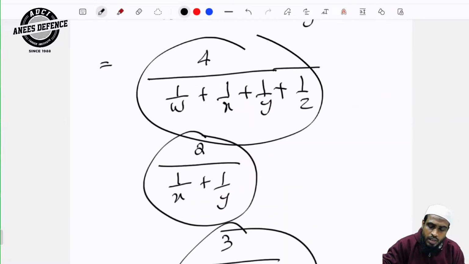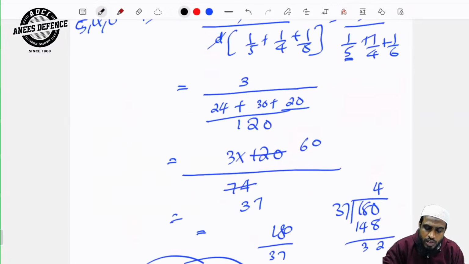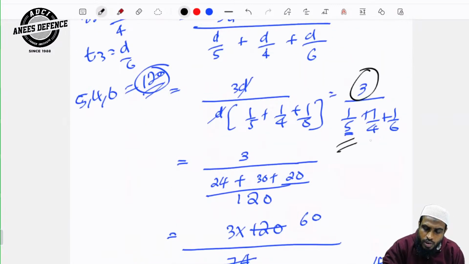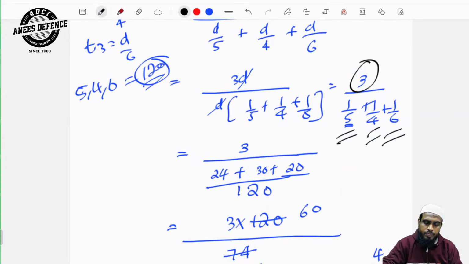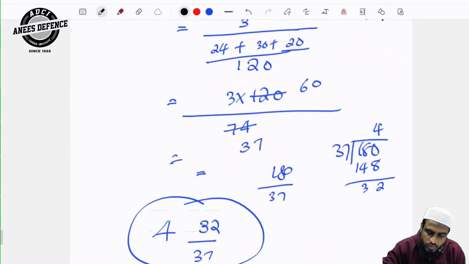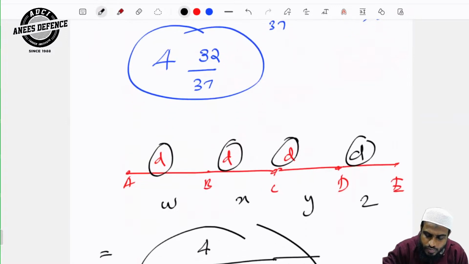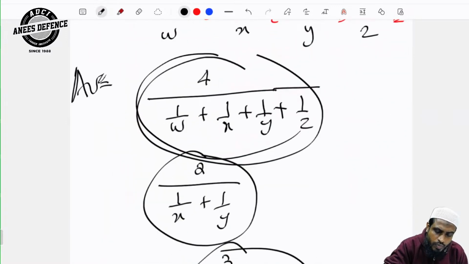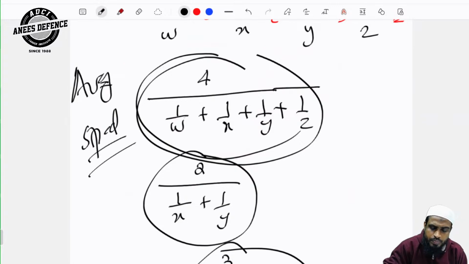Here we have three distances, therefore we are taking 3 by 1 by 5, 1 by 4, 1 by 6. So the answer will be 432 by 37. So this general approach you can use for calculating the average speed. If four equal distances are traveled with w, x, y, z, four different velocities, the average speed can be represented by 4 divided by 1 by w plus 1 by x plus 1 by y plus 1 by z.